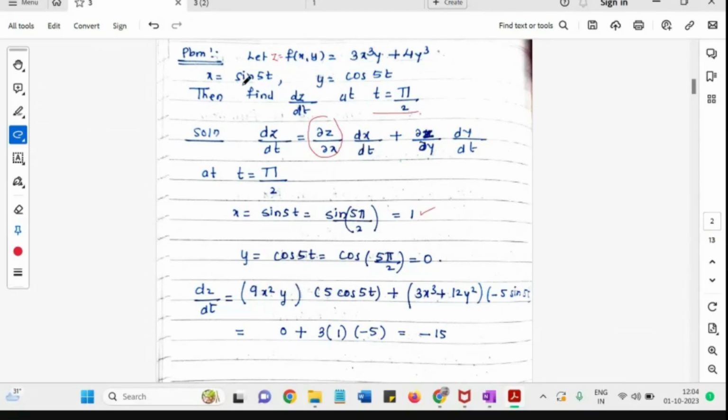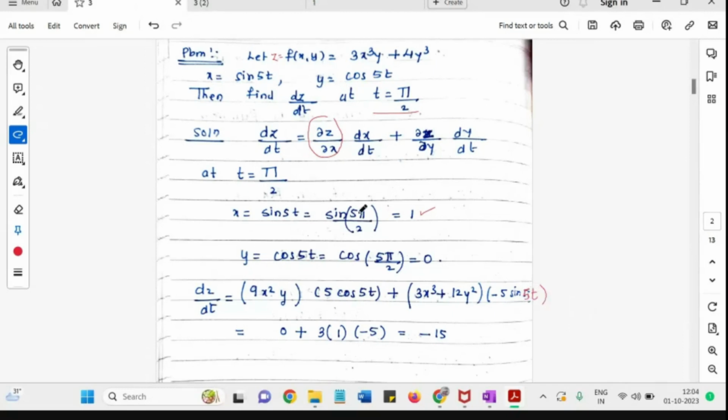My x is sine pi t, the derivative of sine pi t is pi cos pi t, plus dou z by dou y. So the derivative of this with respect to y is 3x squared plus 12y squared, and the derivative of y with respect to t, y is cos pi t, so it is minus pi sine pi t.